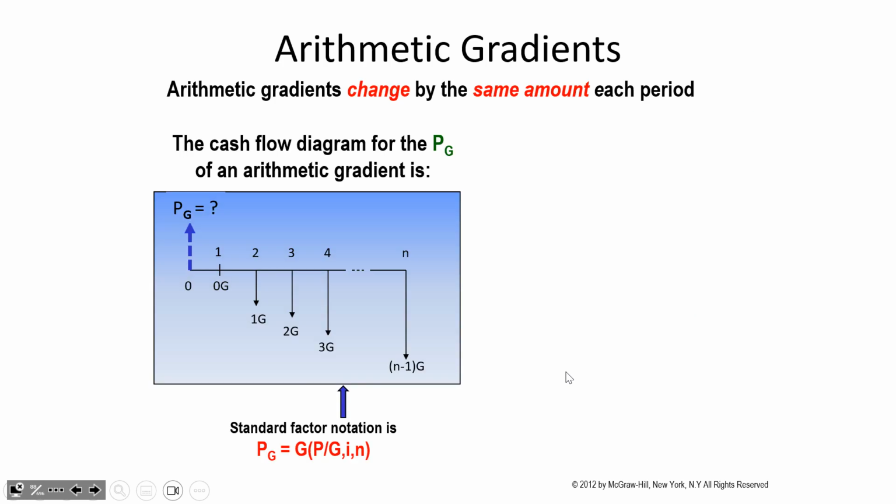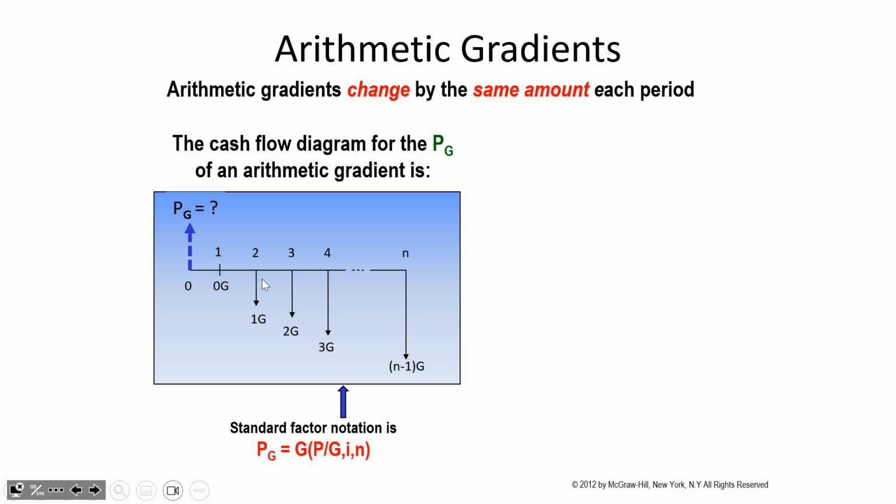All right. Gradients. Gradients is where it gets a little bit tricky. Imagine a contract where either you're getting money or you have to pay it, one or the other, doesn't matter. But the amount is going up every year. So maybe in the first year you don't have to pay anything.